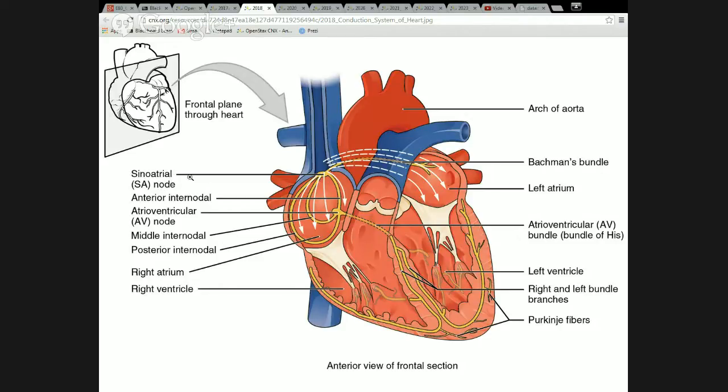But sinoatrial refers to 2 different ways of referring to that chamber. That's the right atrium, obviously, so that's where the atrial part of the word comes from. But we can also think of this as a sinus, which is where the root sino comes from. A sinus in the circulatory system is really just an enlargement of blood vessels.